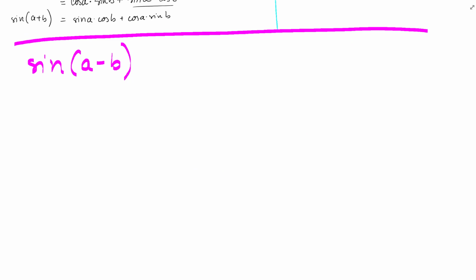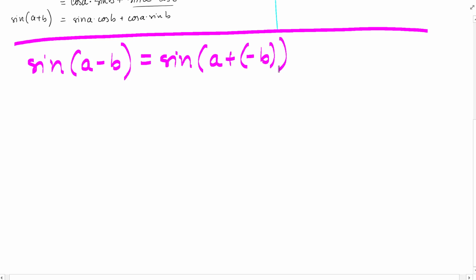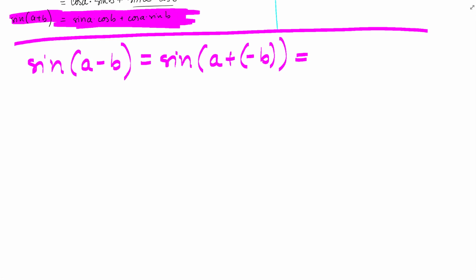But now that we proved the two identities, what about sine of A minus B? Well, we are going to write sine of A plus negative B, which is the same, right? And I'm going to use the formula above, which I highlighted in purple.